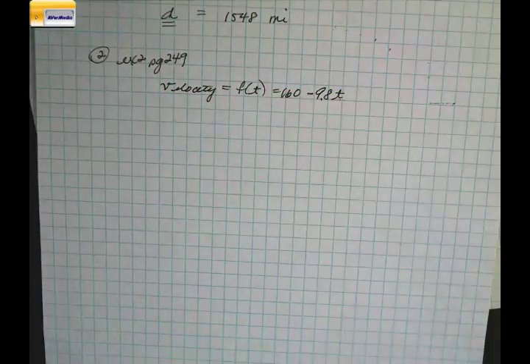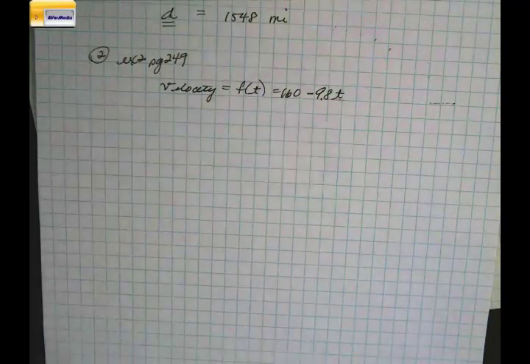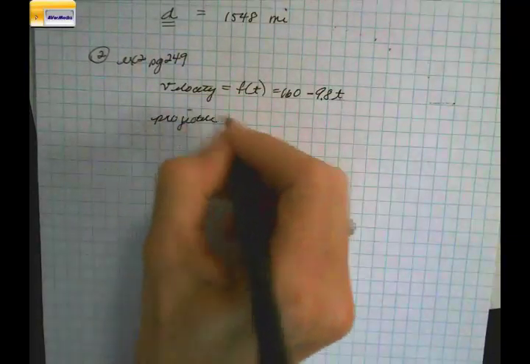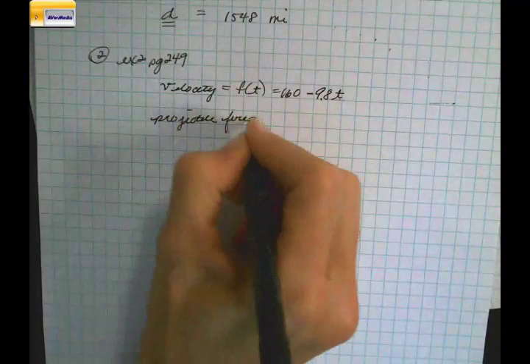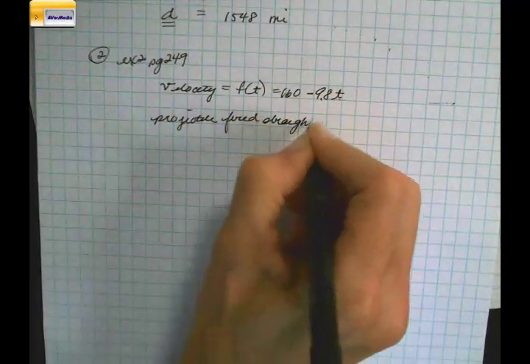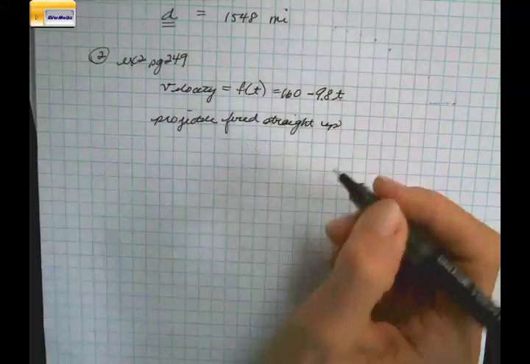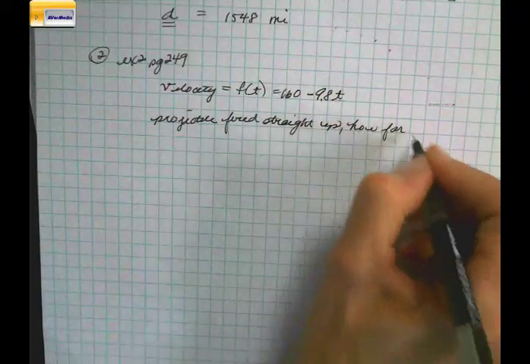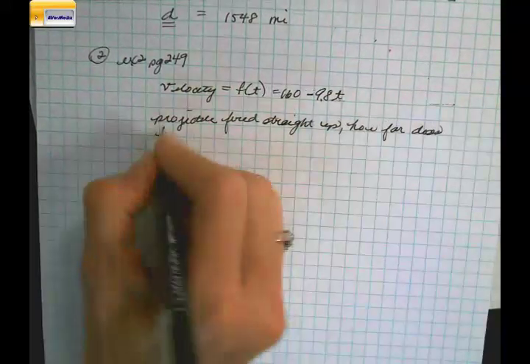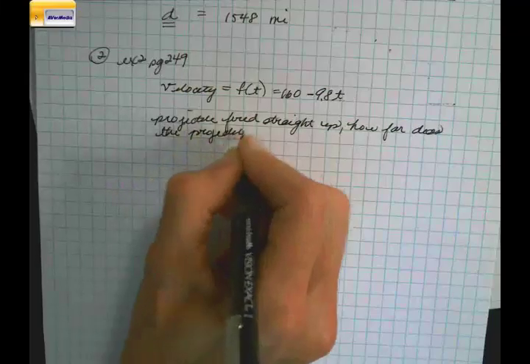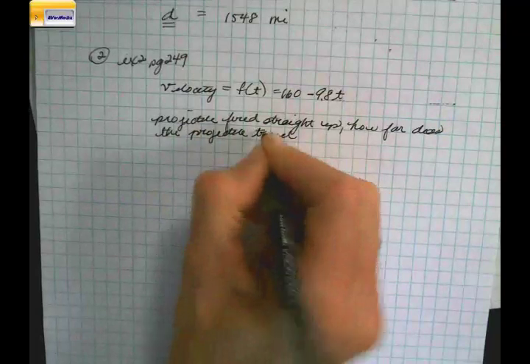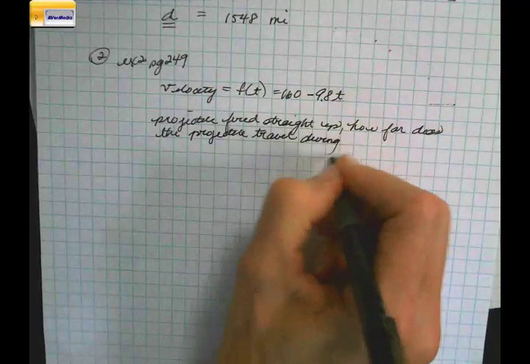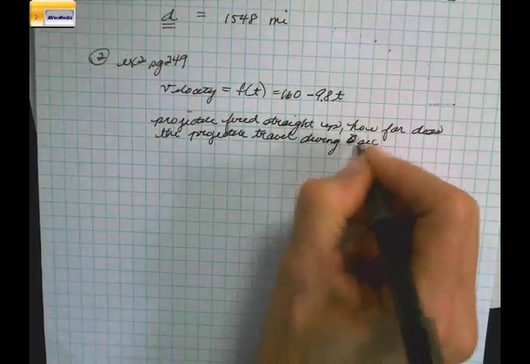And then they want to know how high: projectile fired straight up, how far does the projectile travel during the first 3 seconds? Actually, I better put the word first.